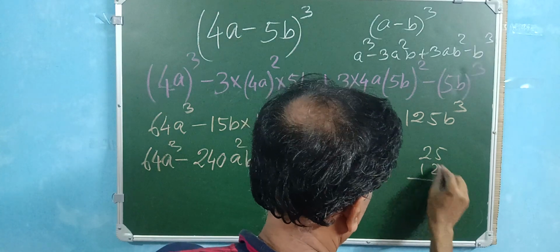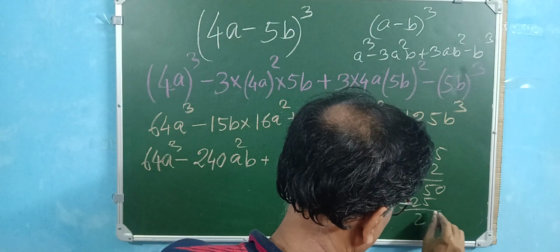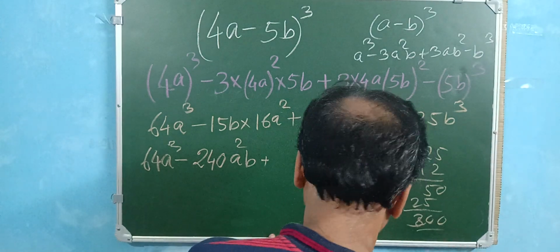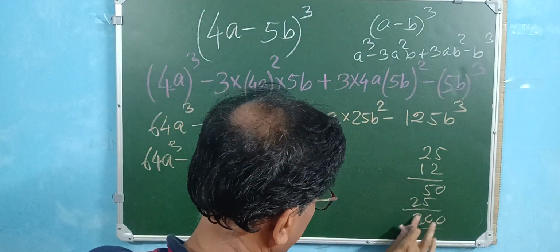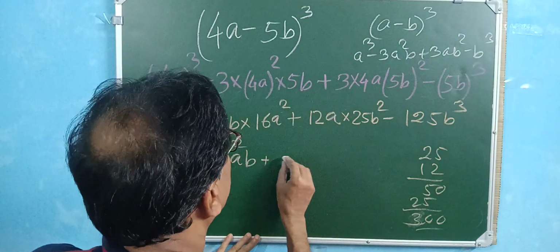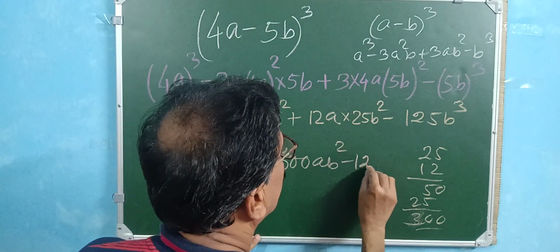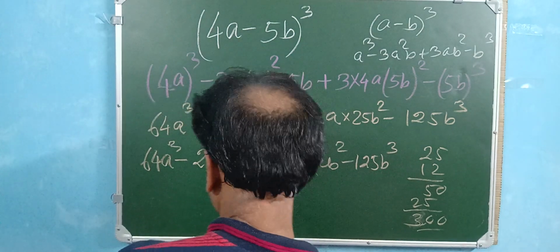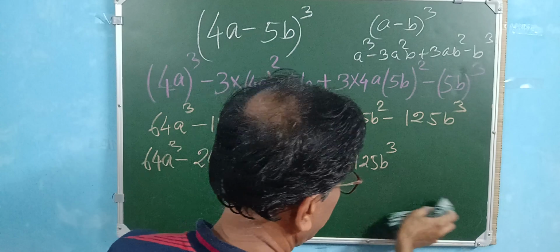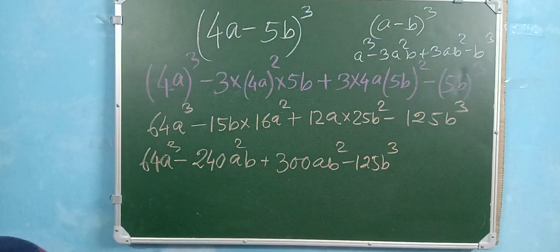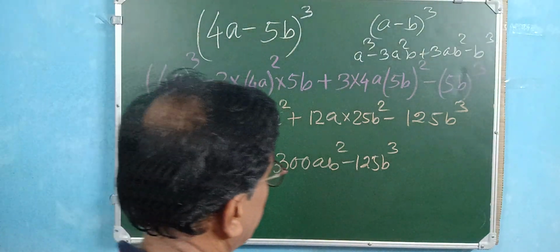This is 300. So write 300ab square minus 125b cube. Don't be in a hurry. The calculation may be wrong if you are in a hurry. So what is the answer? 64a cube minus 240a square b plus 300ab square minus 125b cube.